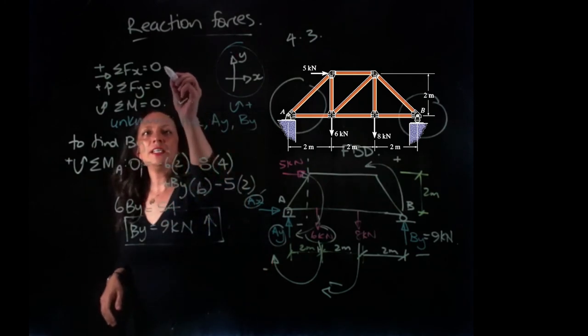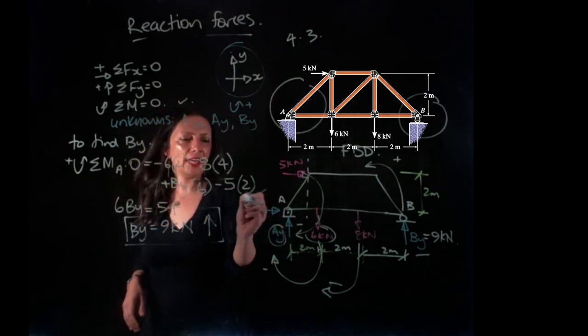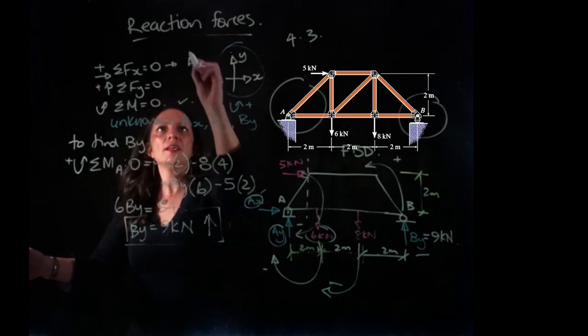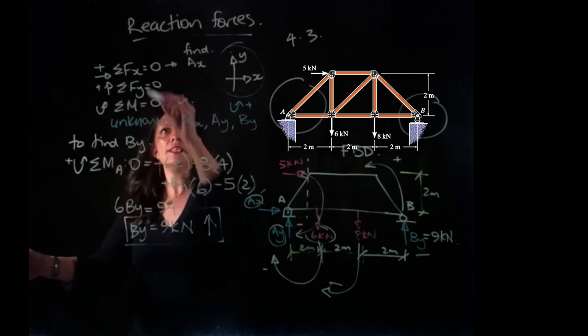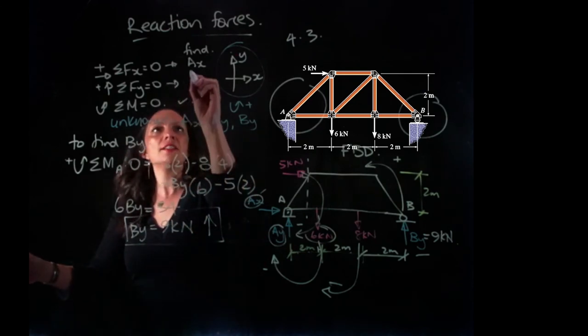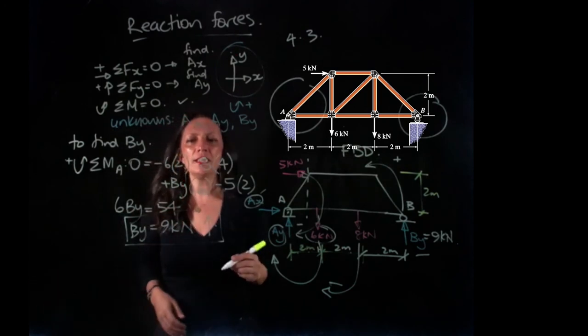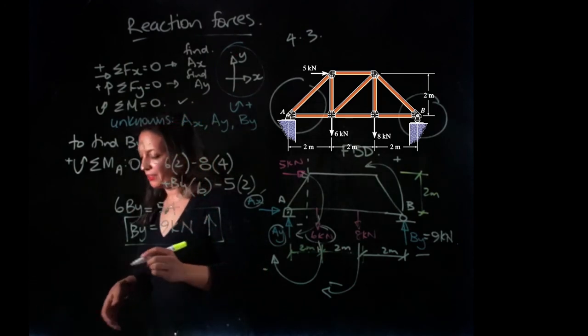So to find the AX, we can use the sum of the forces in the x direction. And to find AY, we can use the sum of the forces in the y direction. So let's just do that quickly.